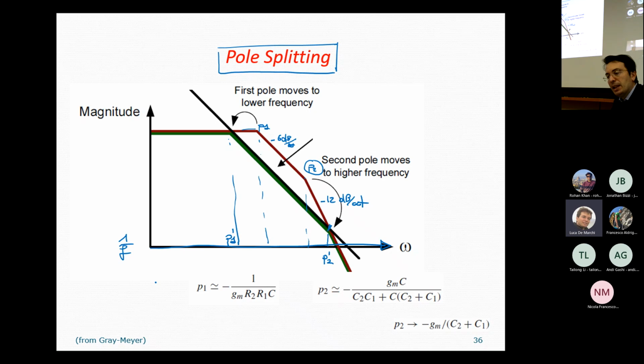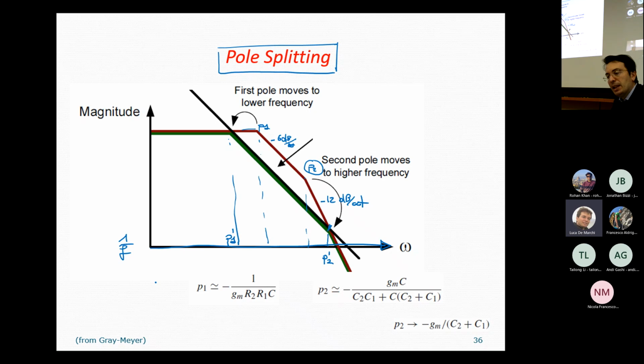Okay, now some important assumptions. If omega null is placed at this position, we can say that it's quite far apart from P1.